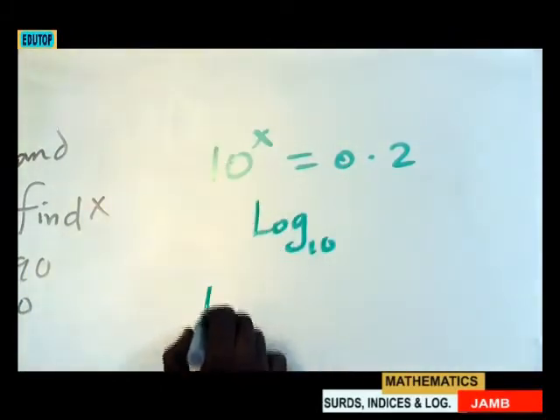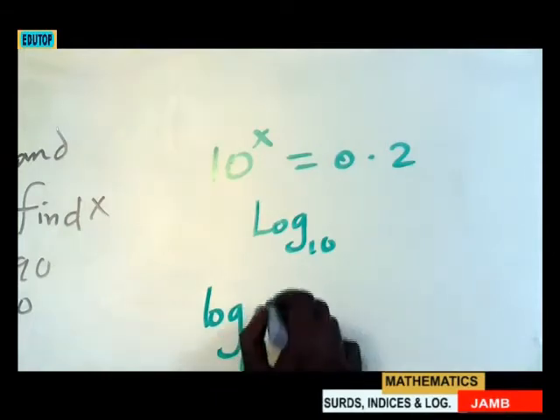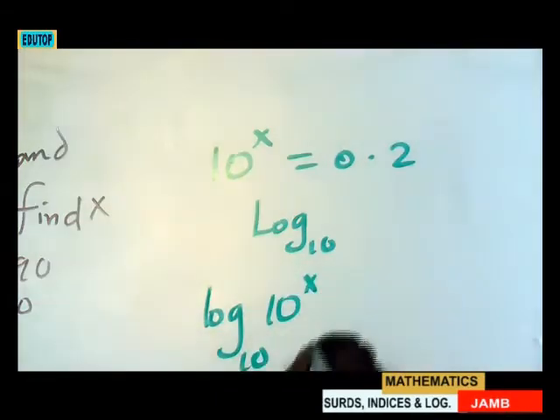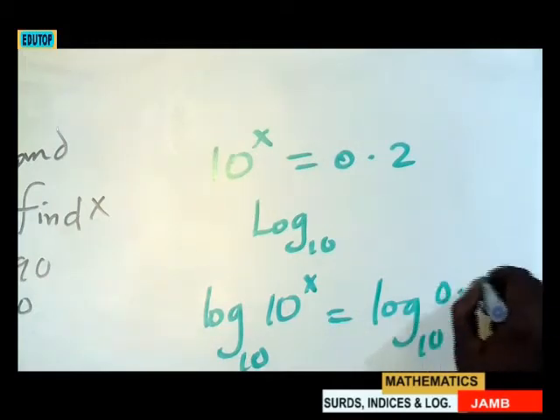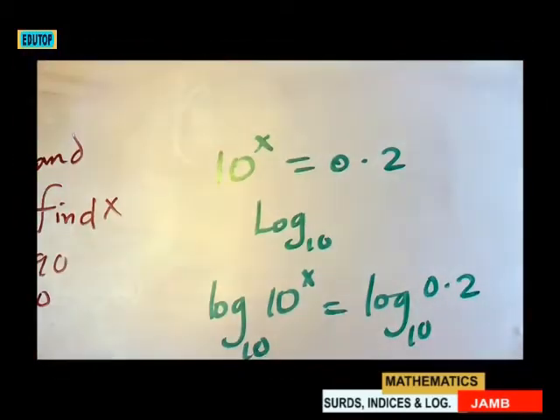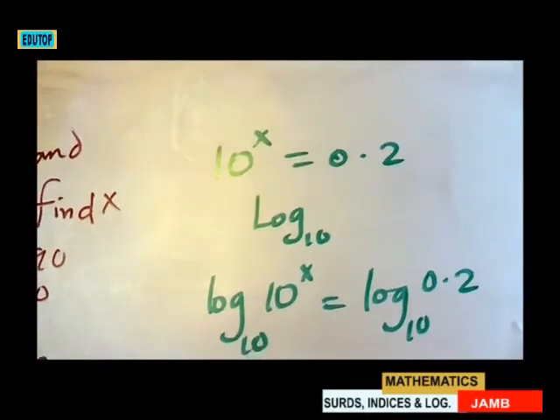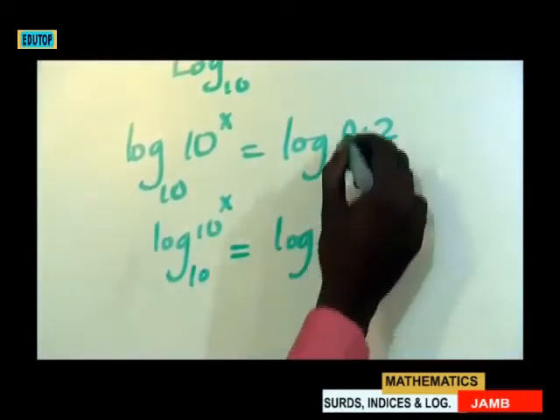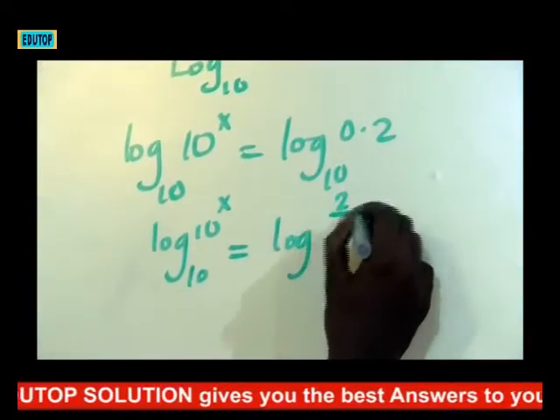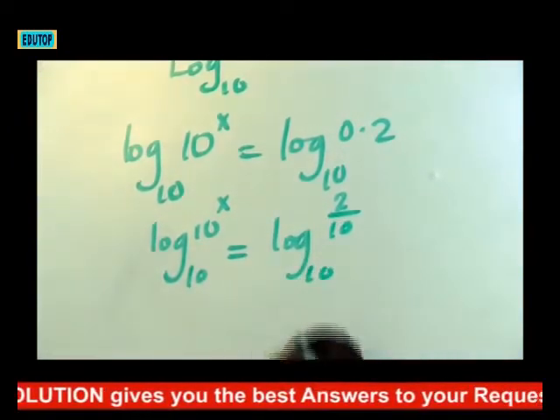By doing so, we have log to base 10 of 10 raised to power x equals log to base 10 of 0.2. Then 0.2 is the same thing as 2 divided by 10, base 10.